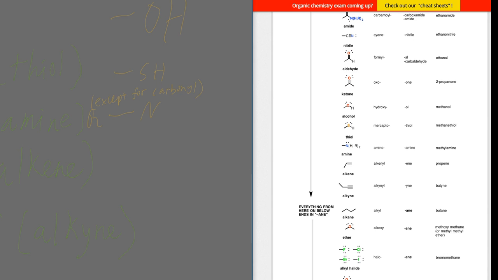Otherwise, that would be the amide. So just some regular old single bond carbon, some sort of chain of some sort. This one looks like mine.